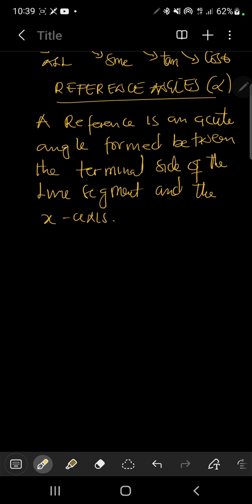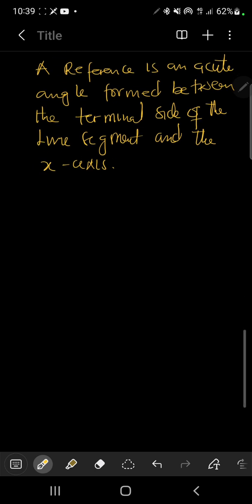We call that the reference angle. So again, take note that the way you find the reference angle in each quadrant also differs.